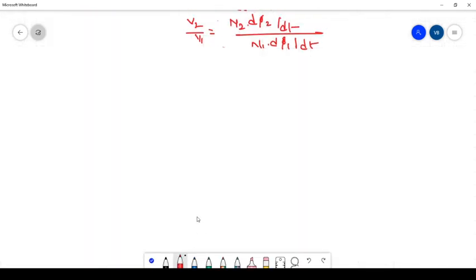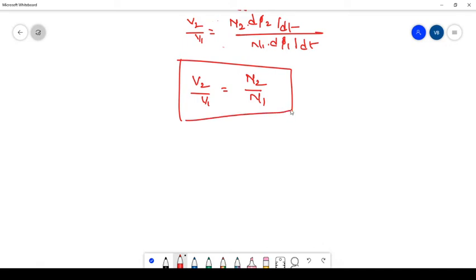If we simplify, this cancels out, and v2 by v1 is equal to n2 by n1. This n2 by n1, the turns ratio, is nothing but a.